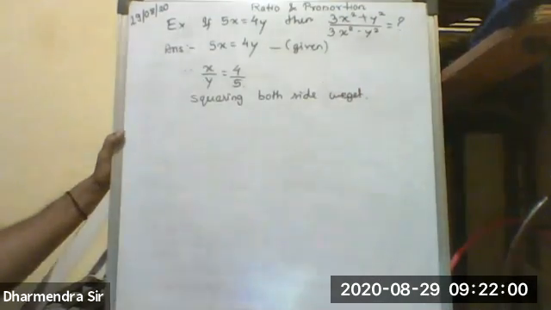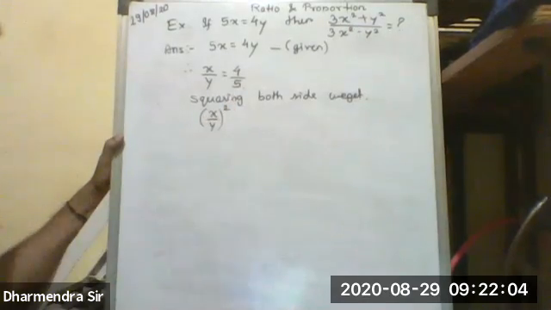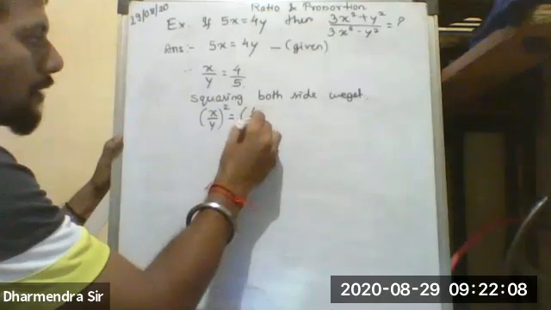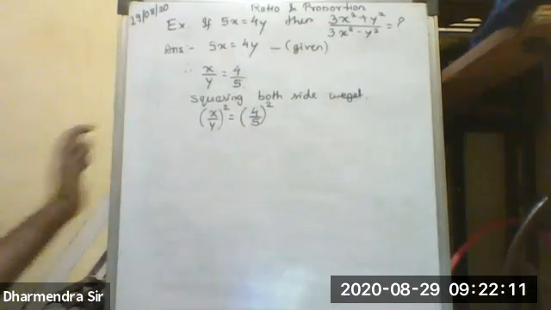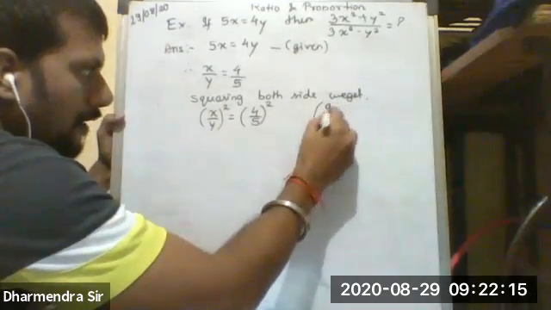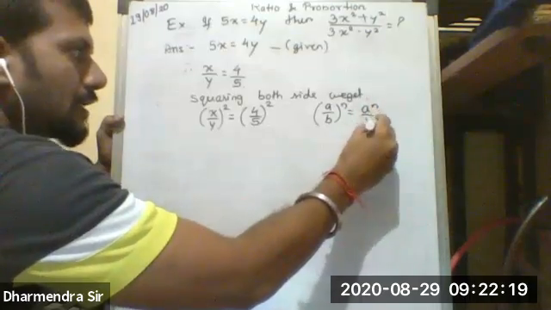Squaring both sides we get x by y the whole square is equal to 4 by 5 the whole square. Now apply law of indices, as we know that a by b raised to n can be written as a raised to n upon b raised to n.